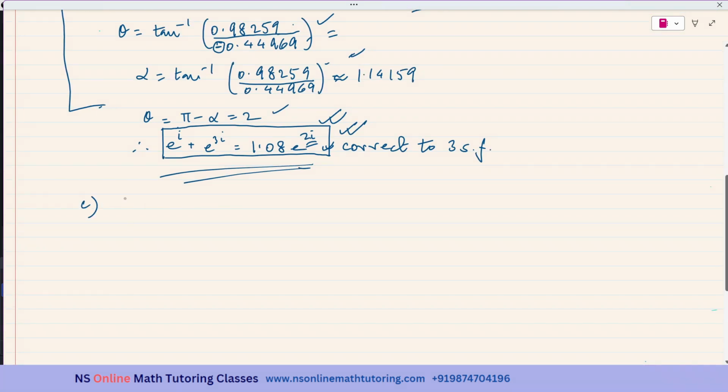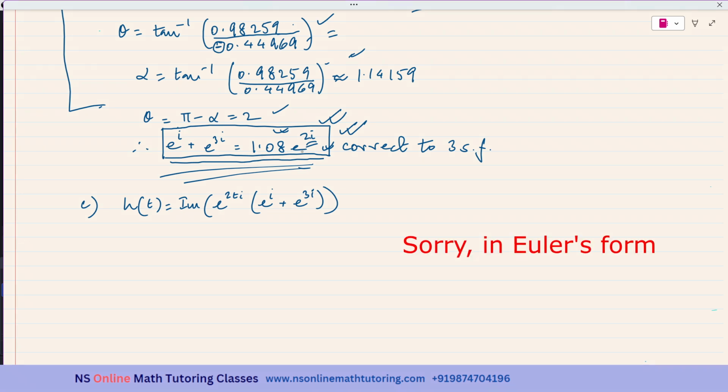Part C. h of t is equal to the imaginary part of e to the power of 2ti times e to the power of i plus e to the power of 3i. And e to the power of i plus e to the power of 3i, we have got in polar form as 1.08 e to the power of 2i.